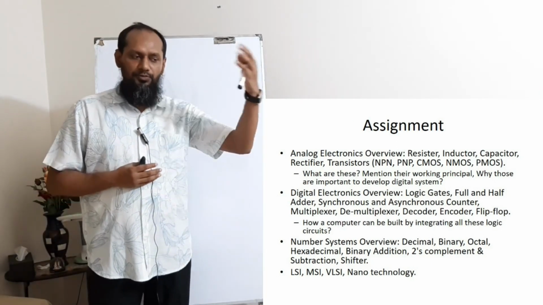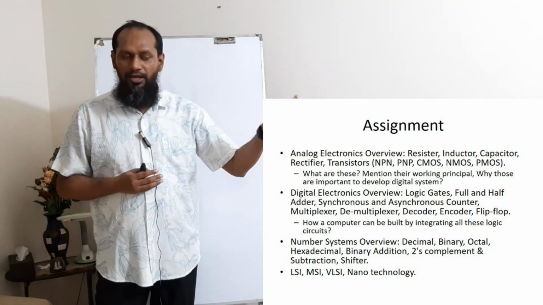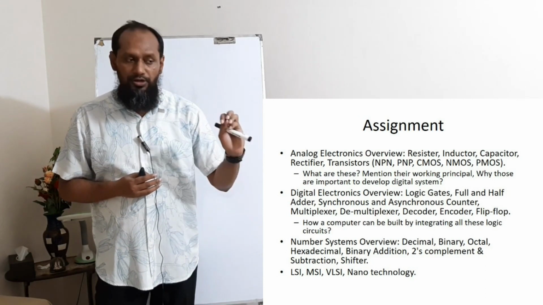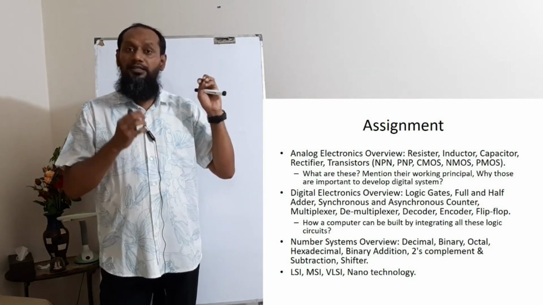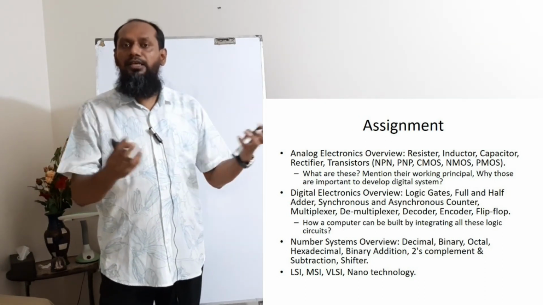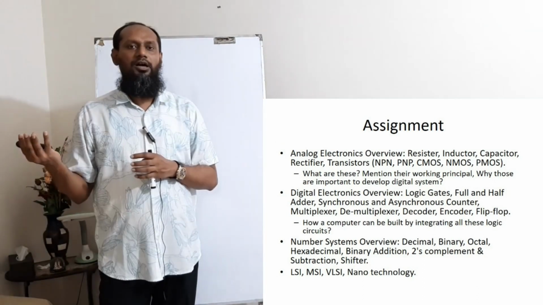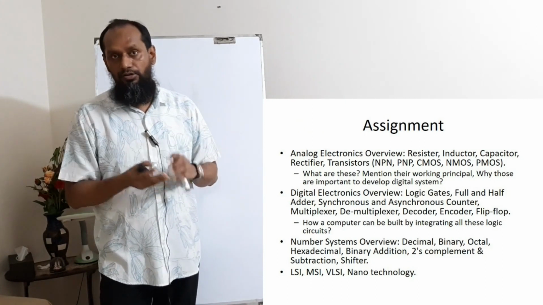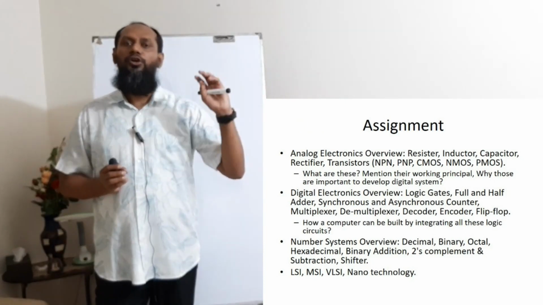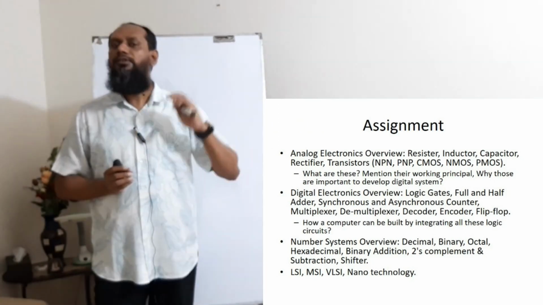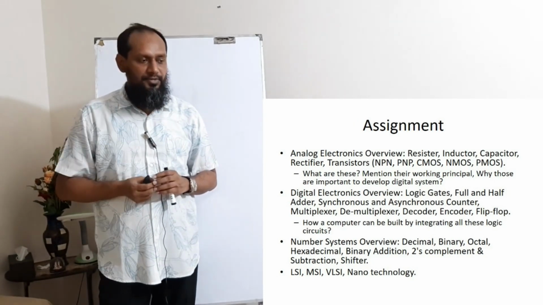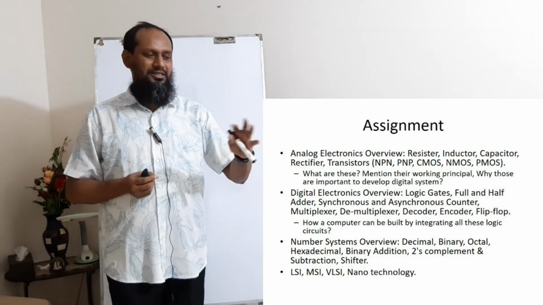The previous one was for digital systems, but this one is for computers. Why are these things integrated together to build a computer? I will have another lecture on it, but I want you to prepare by yourself so that I can understand your level.